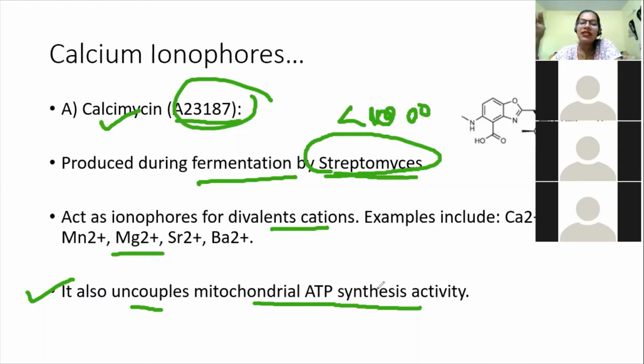Uncoupling means it is inhibiting the activity of that. Coupling means the H+ needs to be transported towards the ATP synthase for generating the proton electrochemical gradient, correct? Now this H+ proton electrochemical gradient is disturbed, and because of which there is no gradient, so there won't be any ATP synthesis. This is inhibited by calcium ionophores, for example calcimycin.